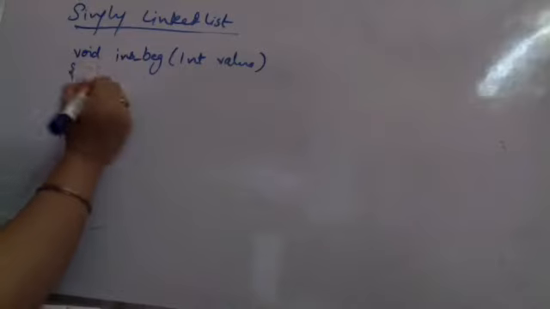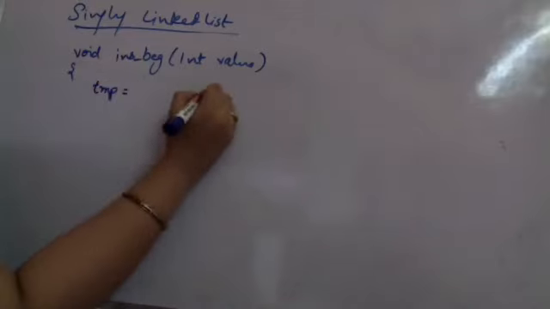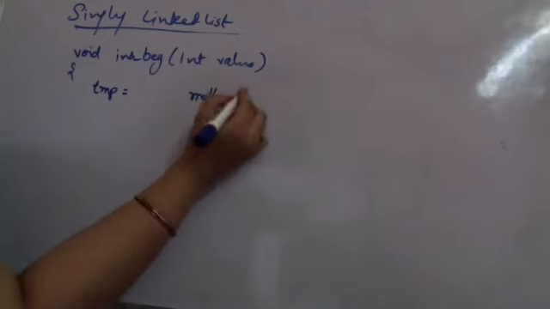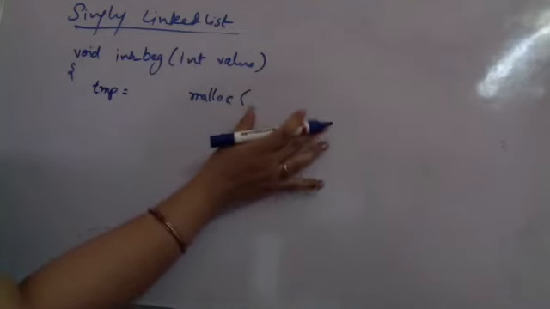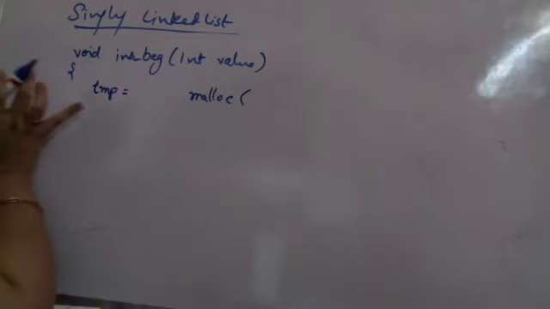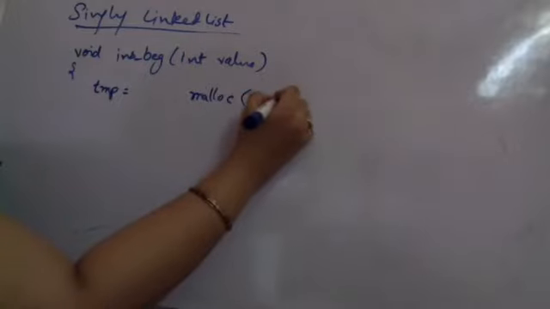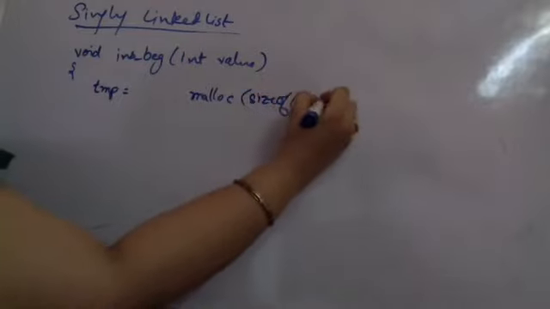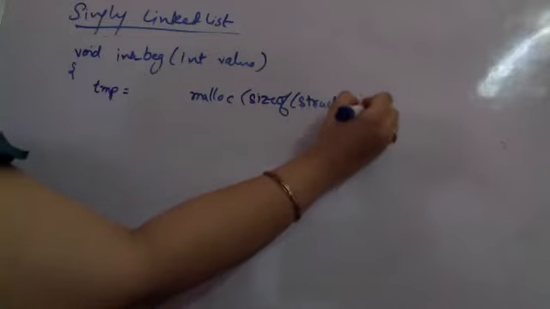How do we create a temporary node? I am saying temp is equal to memory allocate. How much memory is to be allocated? Of the size of the structure, so I am taking size of struct node.